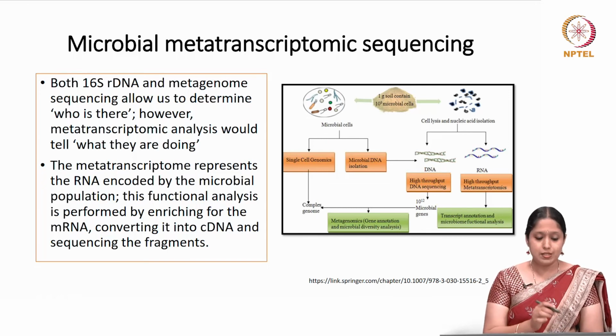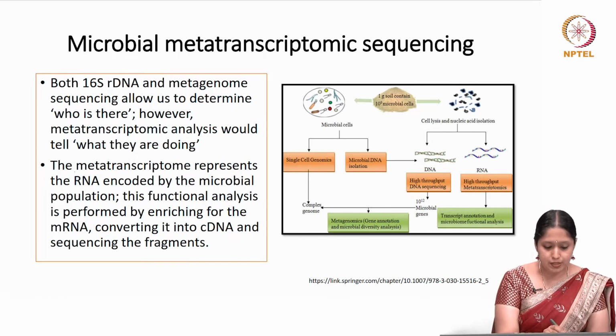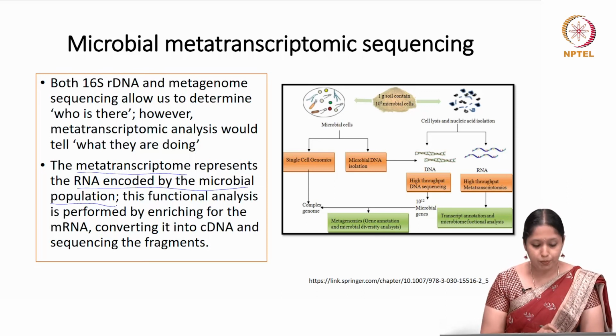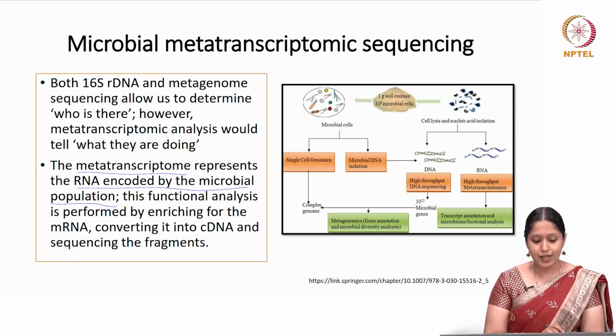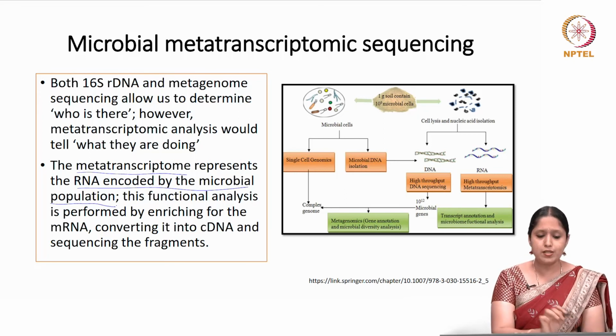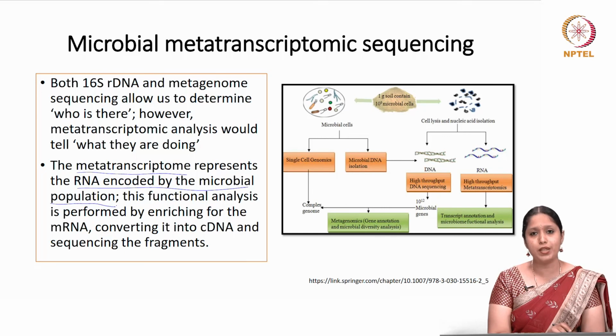The meta-transcriptome represents the RNA encoded by the microbial population. Thus, functional analysis is performed by enriching for mRNA, converting it into complementary DNA, and sequencing the fragments. This is called microbial meta-transcriptomic sequencing.